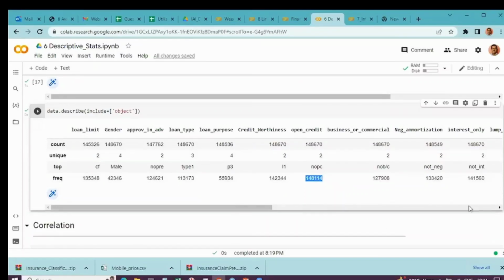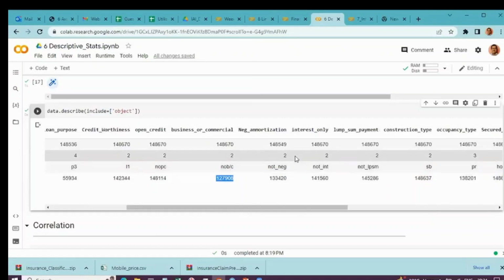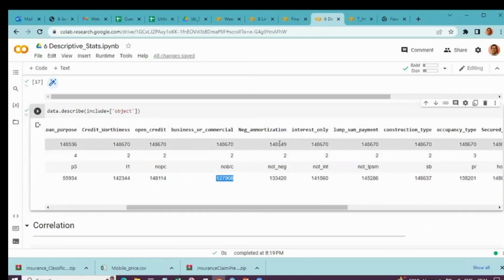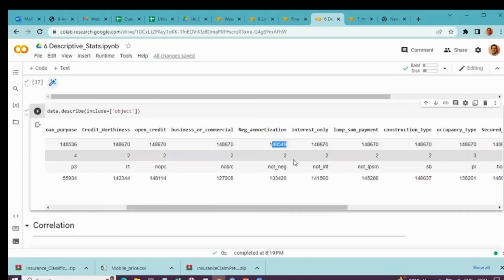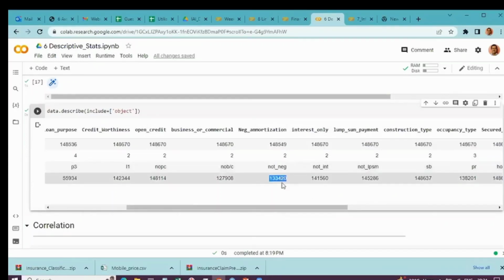Now, business or commercial, again, only two categories. 127 looks pretty much fine. Negative amortization, some missing values are there. Not negative, 133,000. So possibly 15,000 are the negative amortization. Interest rate only, again, not interest rate only.